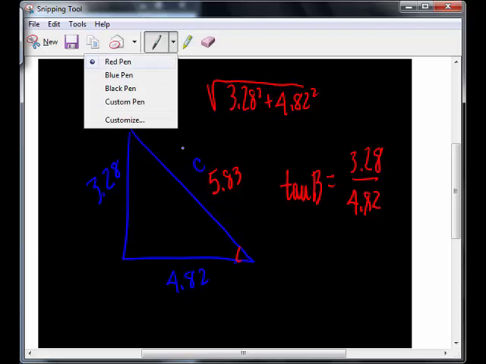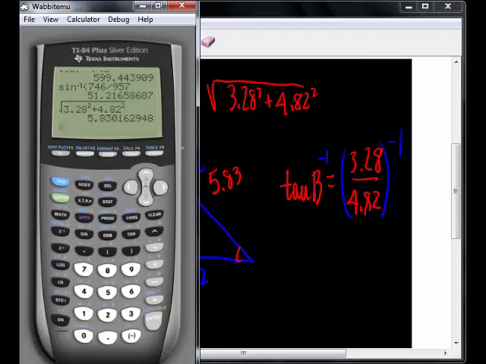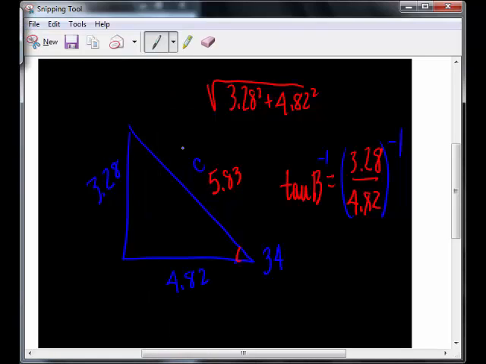So take the second function, the angle whose tangent is 3.28, so second function tangent 3.28 divided by 4.82 is 34.2, which makes this 55.8.